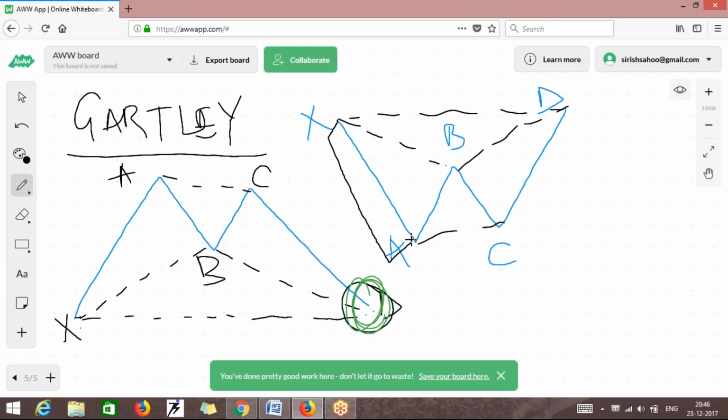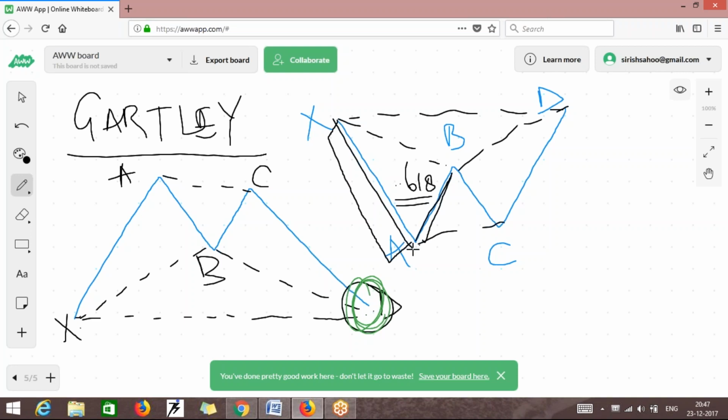There is no criterion for X and A. The next movement should be a Fibonacci retracement of 0.618. We do not need to remember it; it can be found very easily. So AB retraces 0.618 of XA.